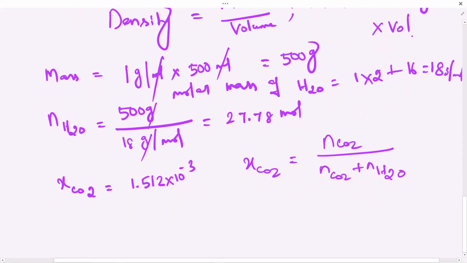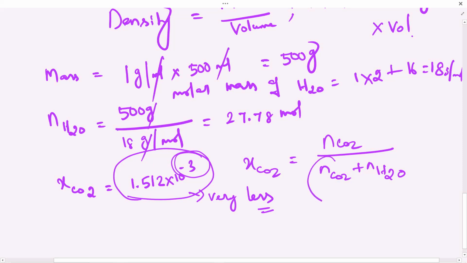Actually, here the mole fraction is very small. It is in the order of 10 to the power of minus 3. The mole fraction of CO2 is very small. So the number of moles of CO2 in the denominator is negligible, or we can ignore it.